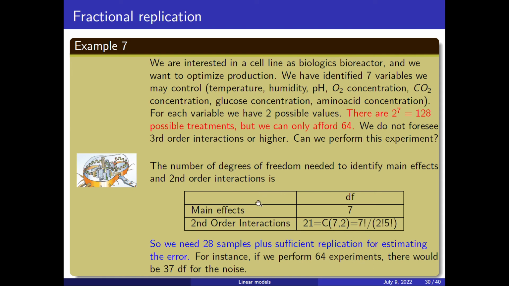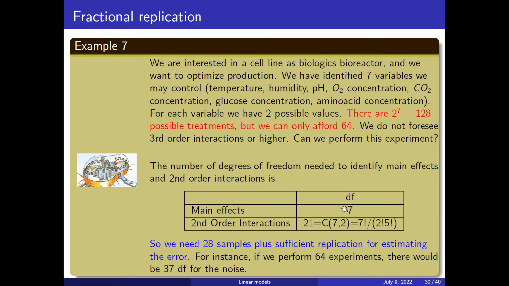You have 7 variables with 2 levels each, and then you would need 7 degrees of freedom to estimate the main effects. And the second order interactions, if you count how many combinations, you have 21.